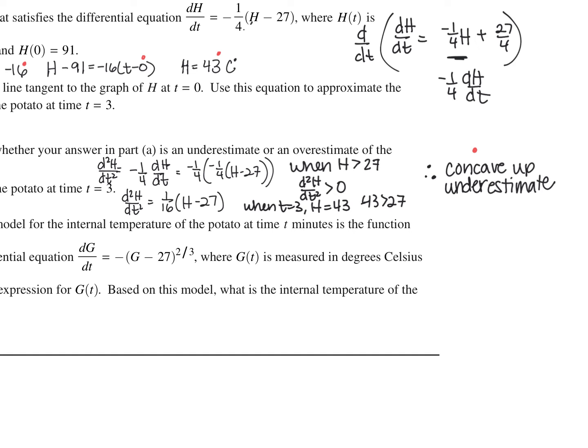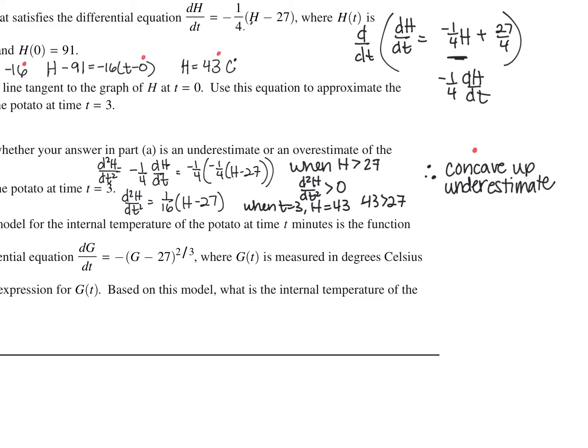So could you have used the fact that at t equals 3, we know the slope at that point is negative 16 from part A, and instead of substituting in the whole function and thinking about where the function is greater than 0, substituted that value in and seen if it's positive or negative? The answer is yes, you could absolutely do that. You would see that it's positive, therefore concave up, therefore underestimate. That would have been another way to do it.